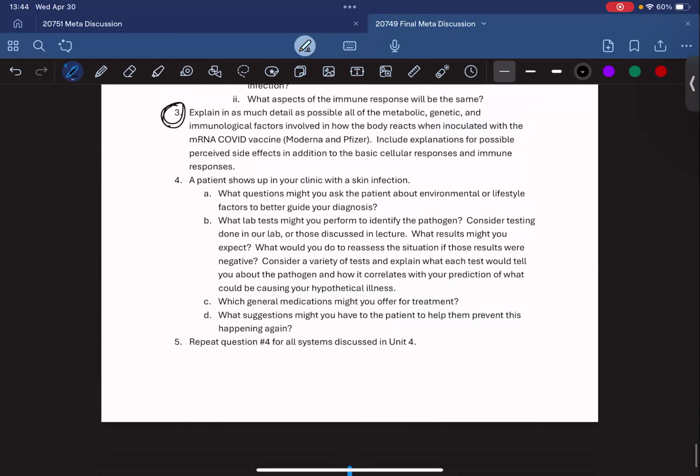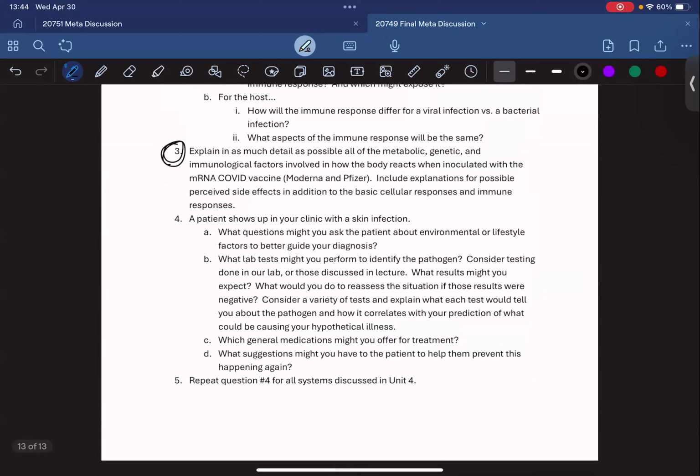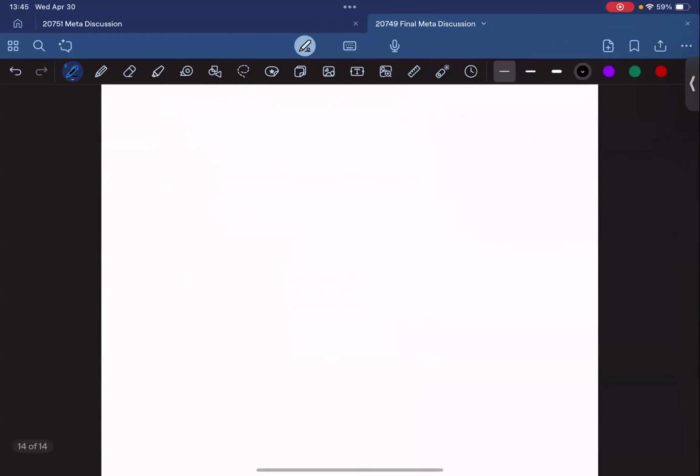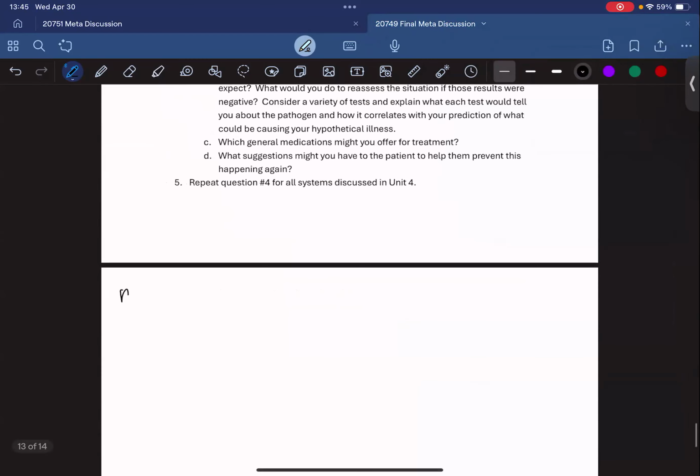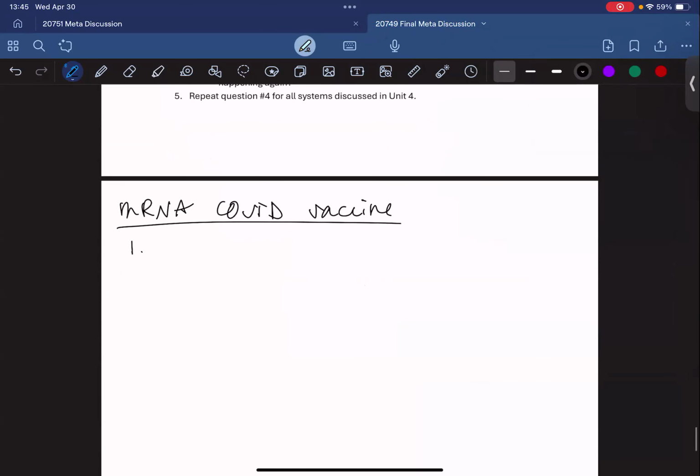Explain in as much detail as possible all of the metabolic, genetic, and immunological factors involved in how the body reacts when inoculated with the mRNA COVID vaccine. All right. So basically for the mRNA COVID vaccine, first, the mRNA enters your cells through the injection.